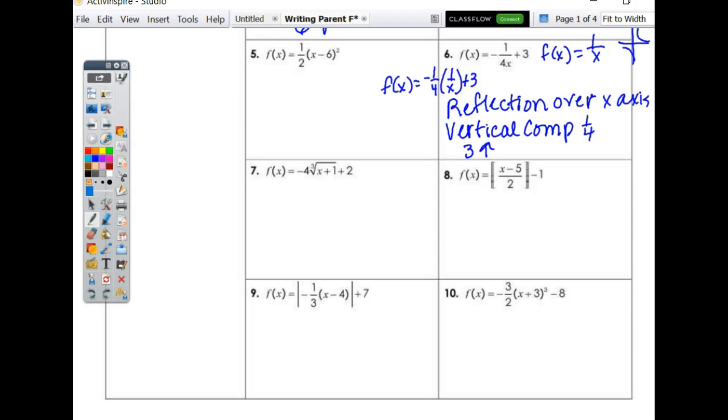Okay, number 9. It's the absolute value of x, so it looks like this. So is the negative inside the parent function or outside? If it's inside, that means it's back and forth, which means it's a reflection over y.